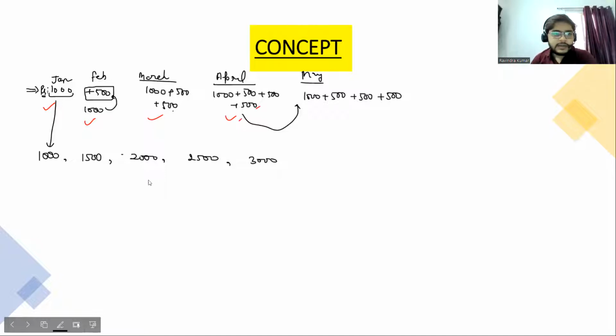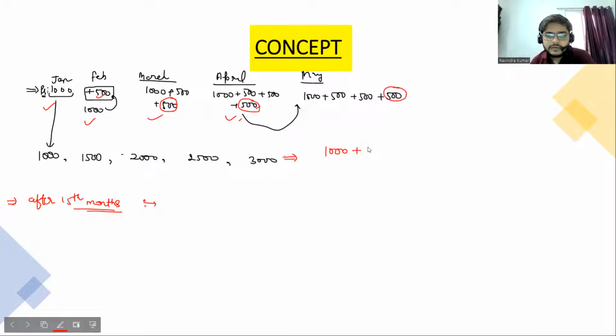Basically, if we have a small number of months to calculate, it is fine, but if I ask you to calculate the pocket money after 15 months or 20 months, it is very tedious to calculate with this method. So what we did earlier is we put the initial pocket money, that is 1000, and then add 500 how many times? 1, 2, 3, 4 times.